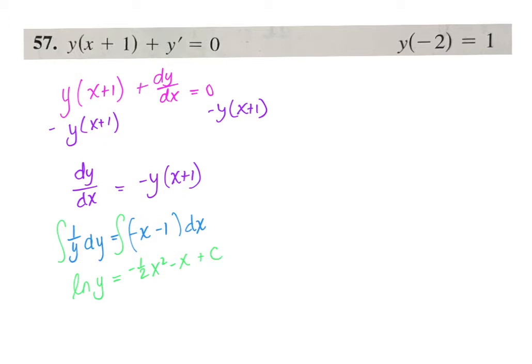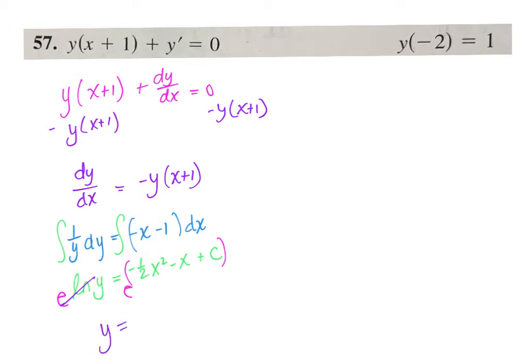Get rid of your natural log here. And so you're going to get rid of that with your e. So we have e to this whole big thing here. On the left-hand side, obviously it cancels out, so you have just your y, right?